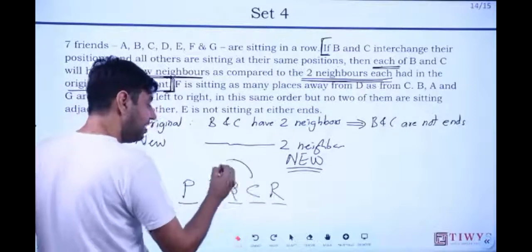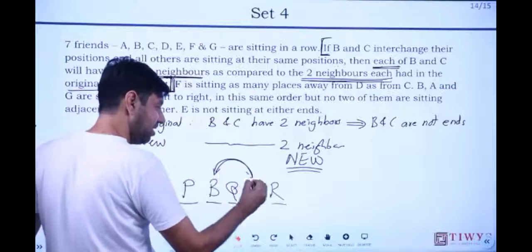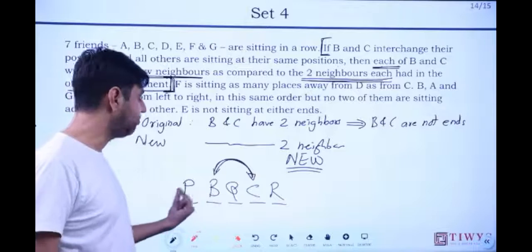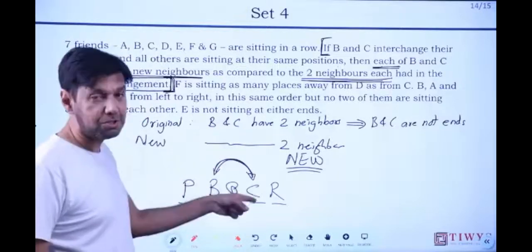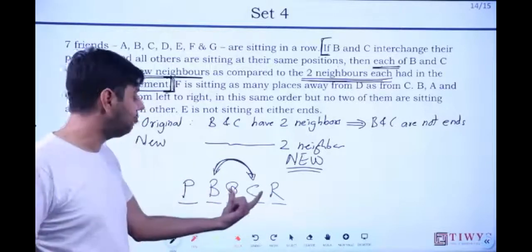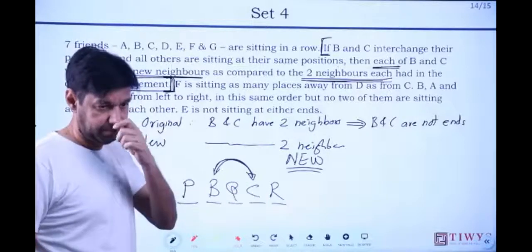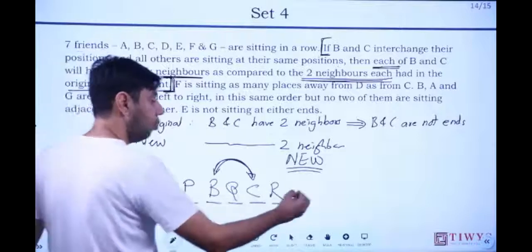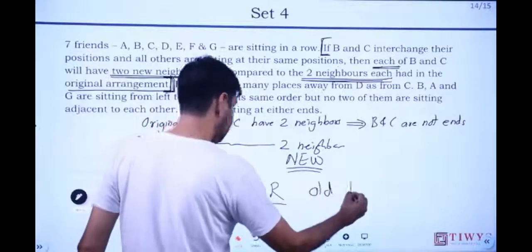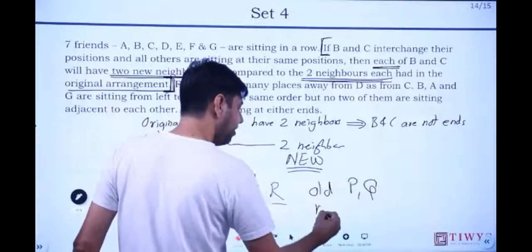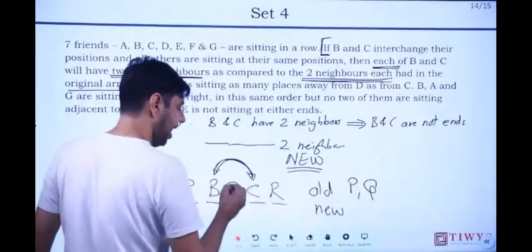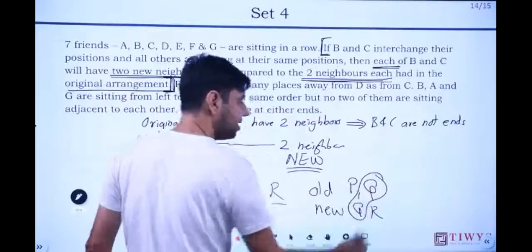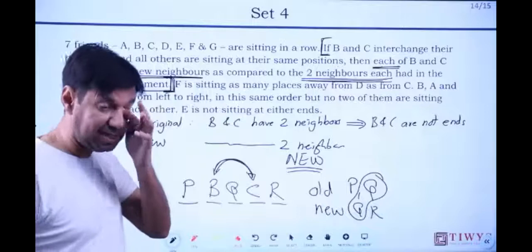So if B and C interchange their positions, who is the neighbor of B right now? B has P and Q. If B goes over there, who is the neighbor going to be? Q and R. So can that be allowed? No, because the old neighbors of B are P and Q. The new neighbors of B I am talking about, if B comes here, are Q and R. But I said two new neighbors. He can't have the same. So this is the meaning.